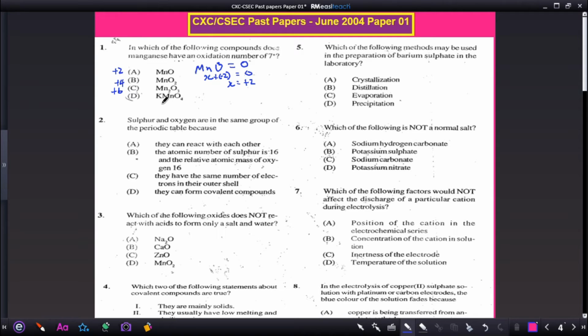Potassium has a +1 oxidation state. So if potassium is +1 and oxygen is -8, that leaves us with -7. Then manganese will have an oxidation number of +7. So D is the answer.